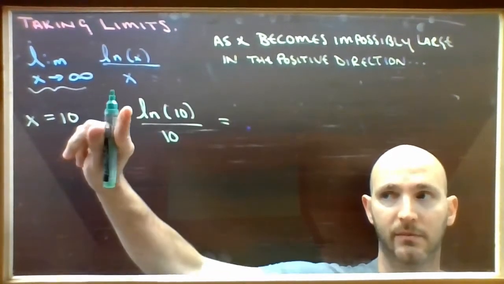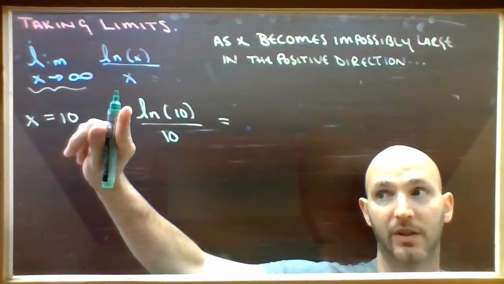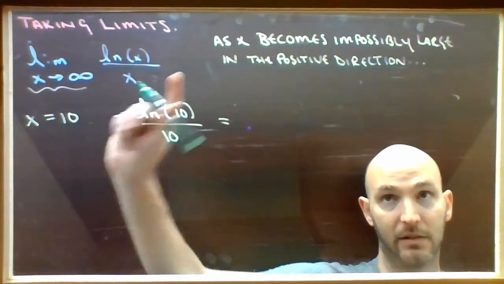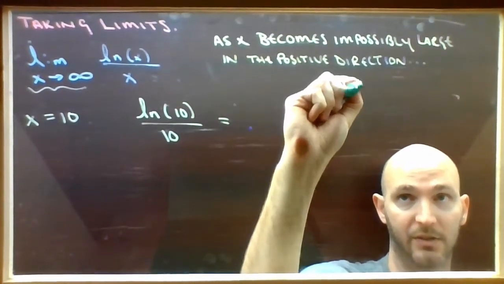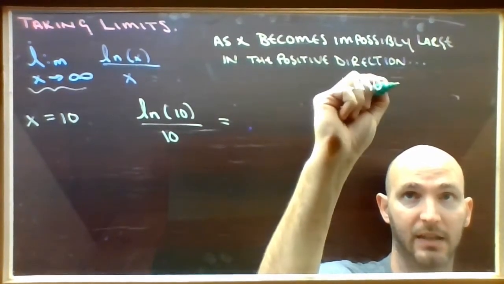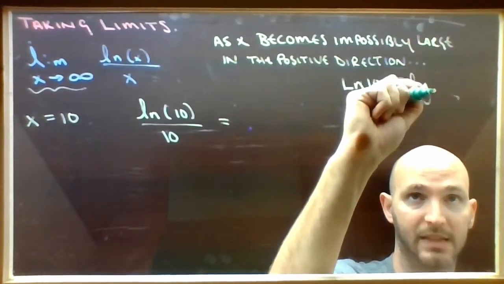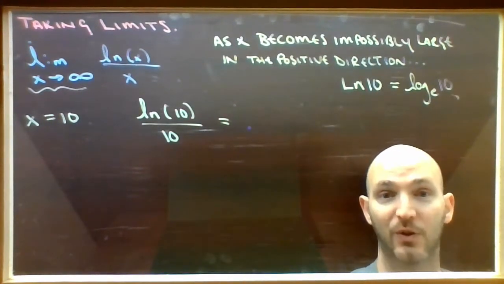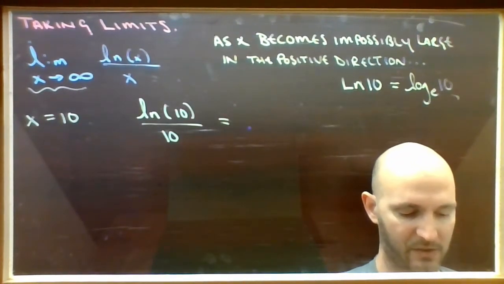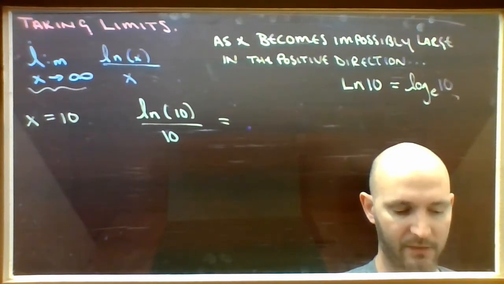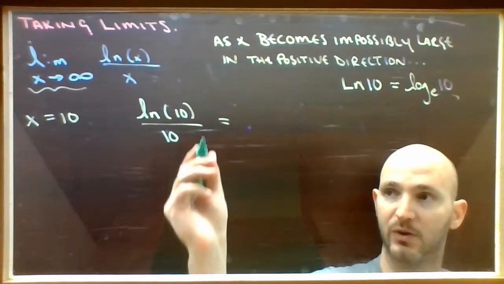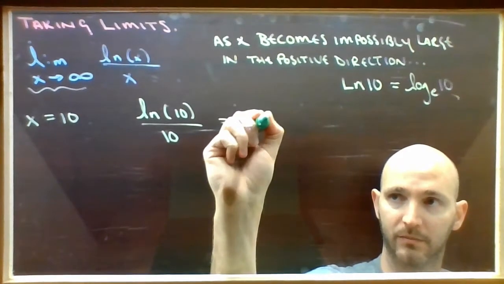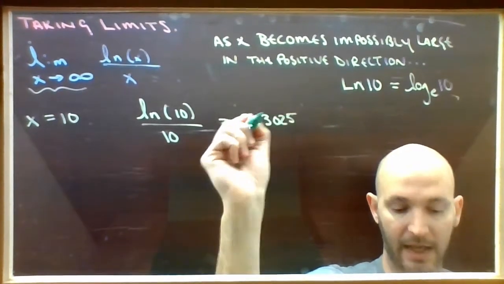Now ln, that's the natural logarithm. It's log base e. I'm just going to pop that up here so that you remember that. Ln of 10 is log base e of 10. This is just a button on your calculator. So I will challenge you to find it and see if you get the same answer that I do. Ln of 10 is 2.302585093.